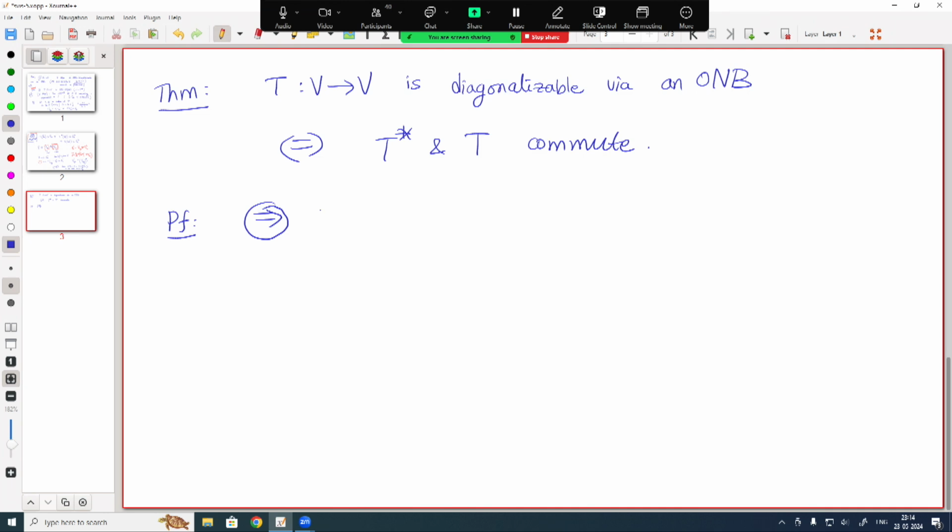So, suppose there exists an orthonormal basis of eigenvectors, so what am I going to assume, if Vi, i from 1 to n, is an orthonormal basis of eigenvectors of T, in other words T Vi is some lambda i Vi. Okay.